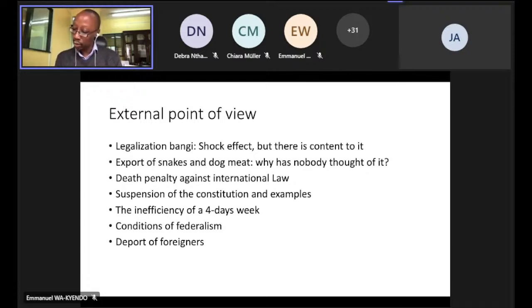And so that has already also been explained well by Deborah, the aspect of moving capital cities, the issue of Kenyanization, and so on and so forth.